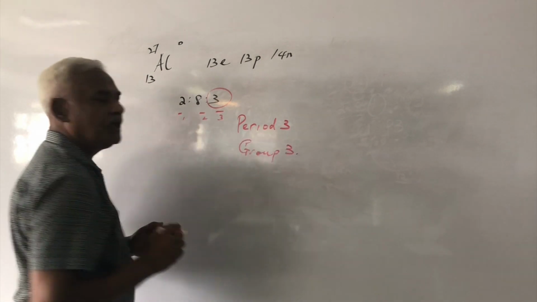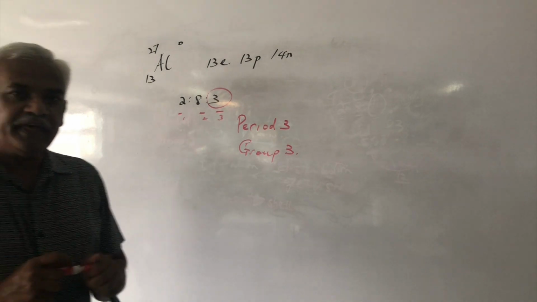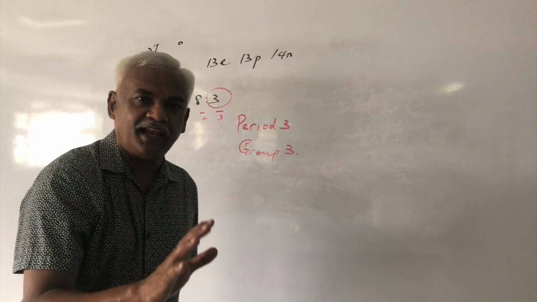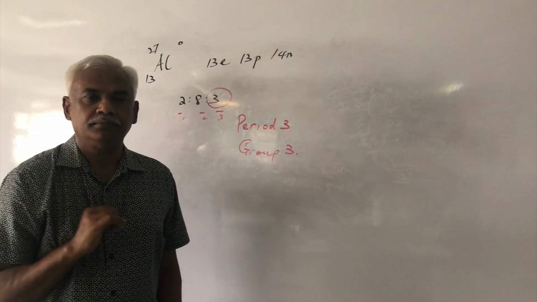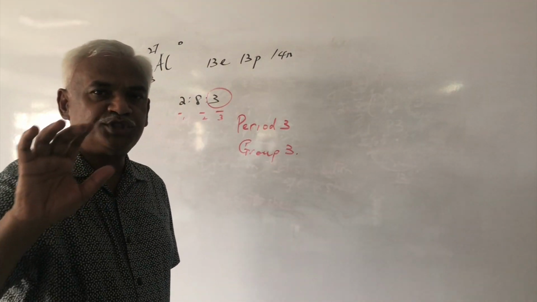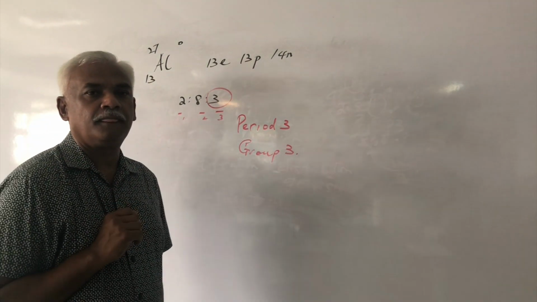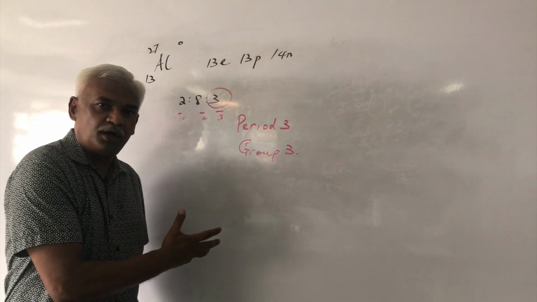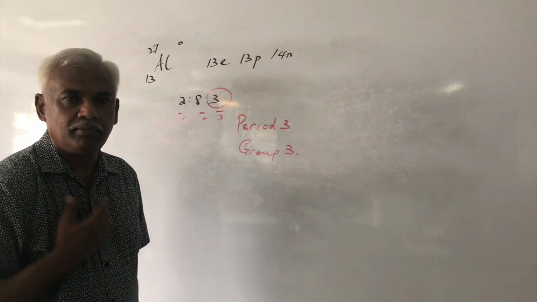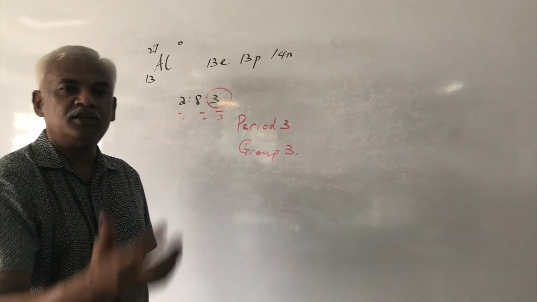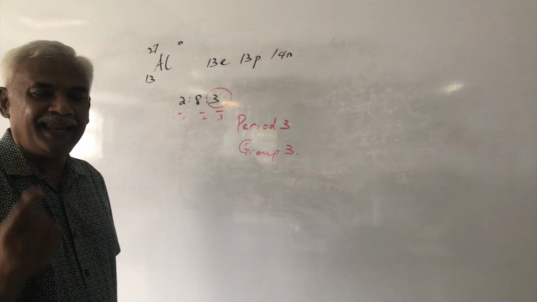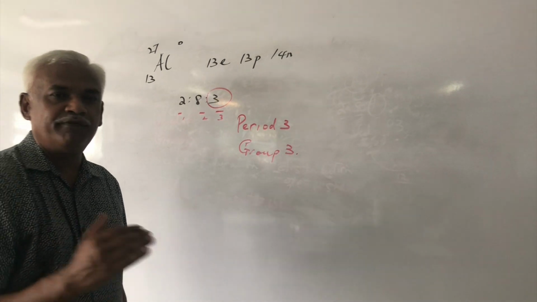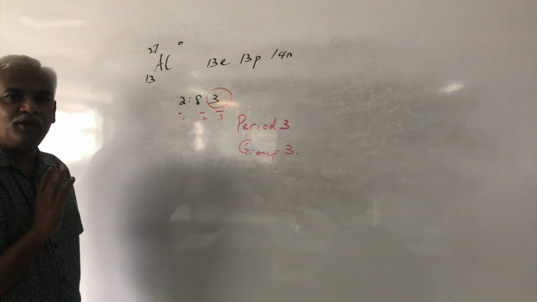It means, therefore, that we could look at any element, work out the electronic configuration, see the number of shells used, and assign the number of shells to the period. The number of electrons in the outermost shell, also called the valence electrons, or valency, will be equal to my group number.